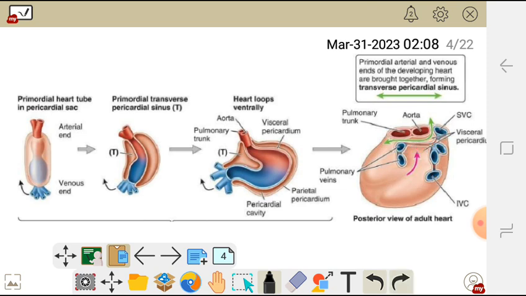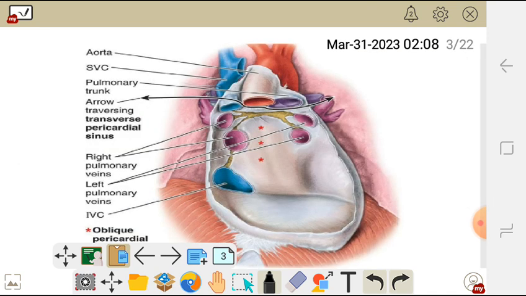on the posterior surface of the heart, is called the oblique pericardial sinus, and that sinus is formed between the pulmonary veins, the right and the left pulmonary veins. So that space is in between the pulmonary veins.